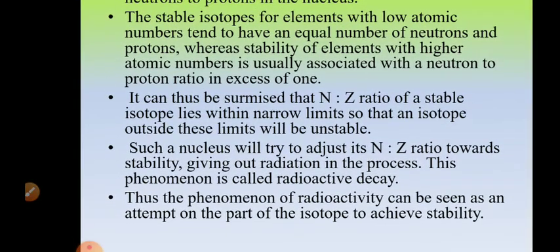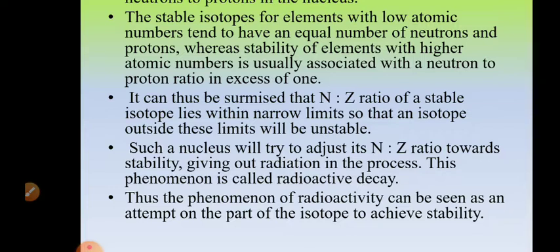Okay, but there is a limit, there is always a narrow limit. But when the ratio of n to z increases beyond the narrow limit, the atom or element becomes unstable. Such a nucleus which is unstable tries to adjust the n to z ratio towards stability, and when it is adjusting the n to z ratio, it gives out radiation.